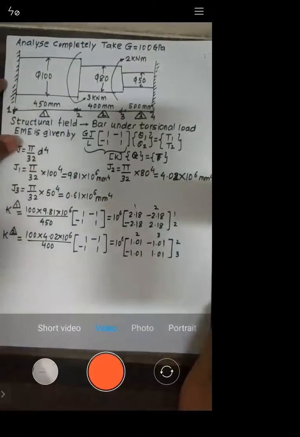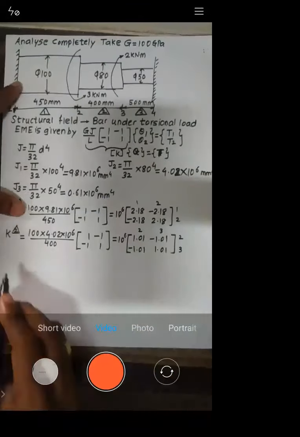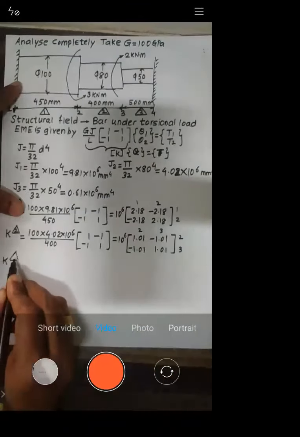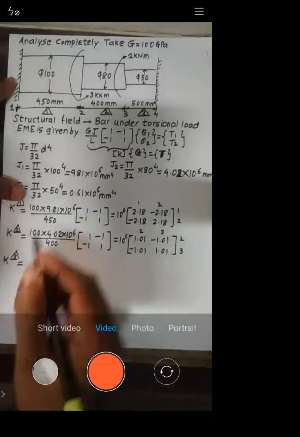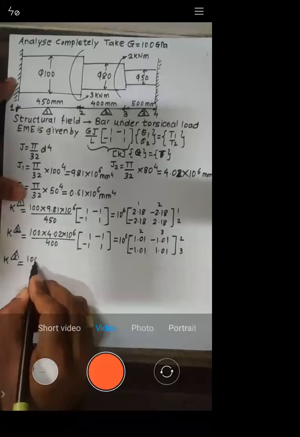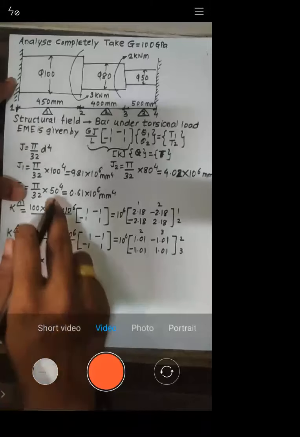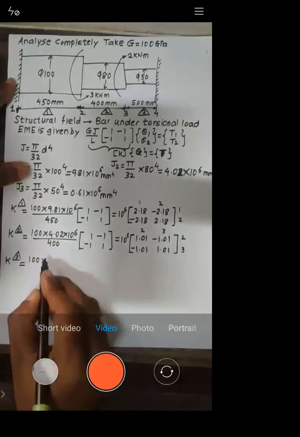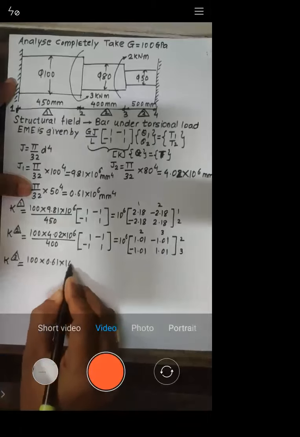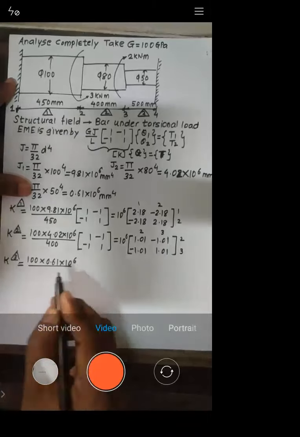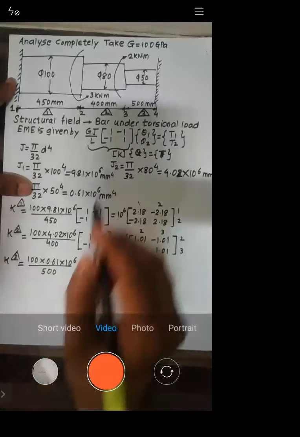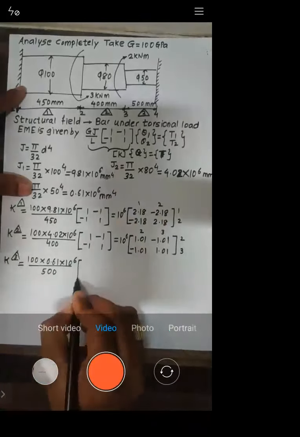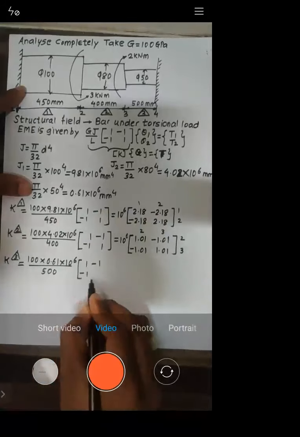Is it okay? Next, just go for the stiffness matrix of element number 3, right? So I will write down G, that is 100, into J of element number 3, it is 0.61 into 10 raised to power 6, upon length 500, right? Into 1, minus 1, minus 1, 1, right?